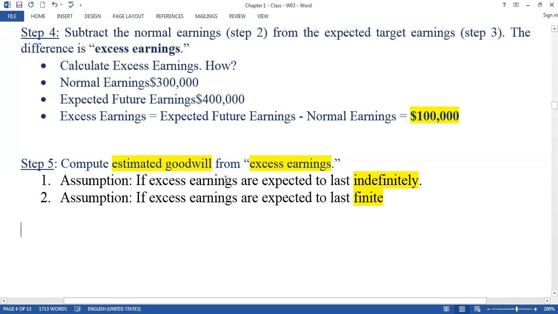Assumption 1 said that if the excess earnings are expected to last indefinitely, and the other is called finitely, or finite. So what is the meaning of these two words? That means we have $100,000 excess earnings, and we will have this kind of excess earnings indefinitely. It means an unlimited period of time.